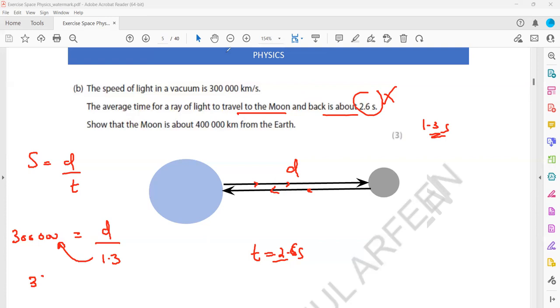Yes, so 390,000 kilometers. Because the unit of the speed was in kilometers per second, this is 390,000 kilometers. Is it clear, this one?